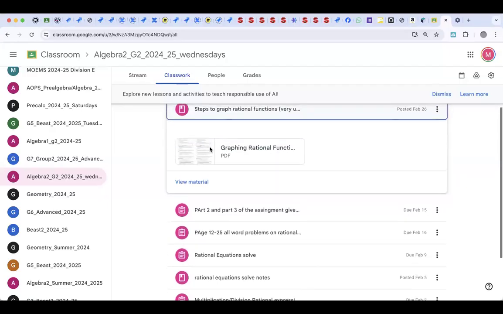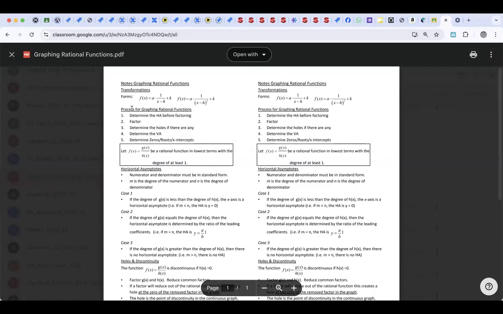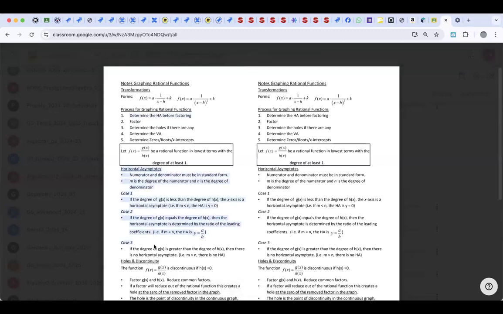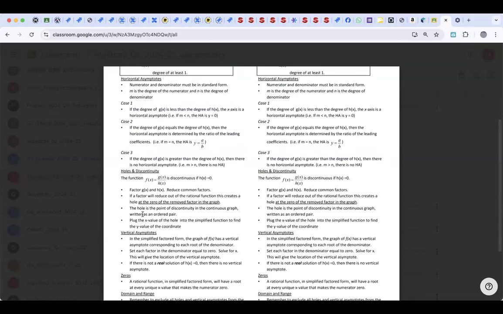See here, there is graphing rational functions. Do you see there are steps? Process to graph rational functions: determine the horizontal asymptote. How to find it? These are the three cases. Then factor the rational function that's given. Then determine the holes. Whatever gets cancelled in numerator and denominator are the holes. You got it?